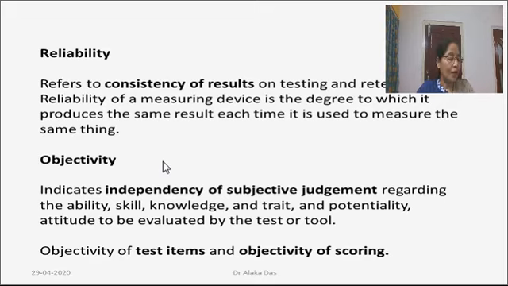Then only we can say that there will be reliability. All these attributes are relative actually. So objectivity of test items and objectivity of scoring must also be kept in mind when the researcher is going to develop any kind of research tools.